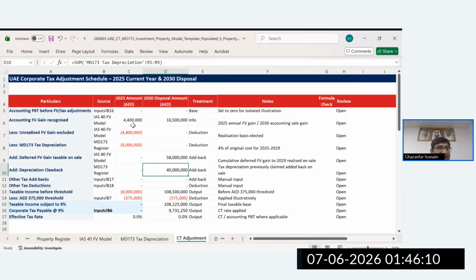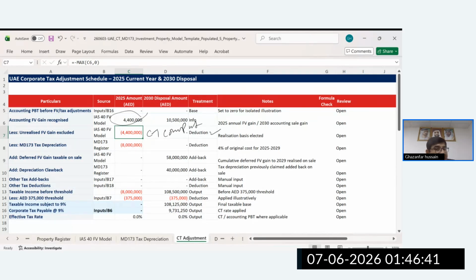Here in 2025, the accounting gain recognizes this much, and the unrealized gain, we have to exclude this. First we calculate it, then how much the adjustment is in the CT computation, the return computation, as the deduction. First we have to understand the gain, then the deduction, then the depreciation.